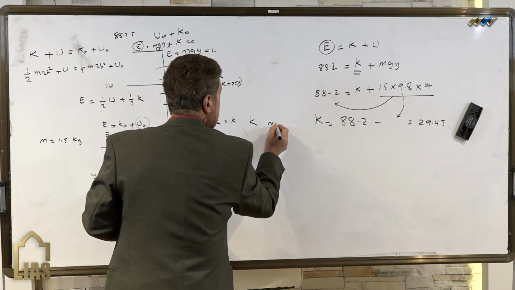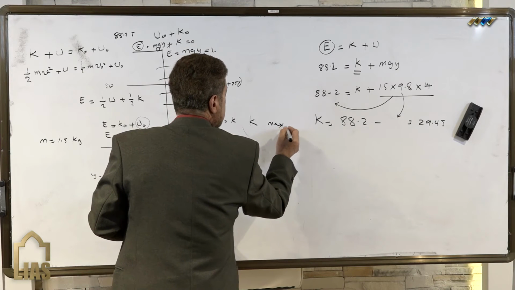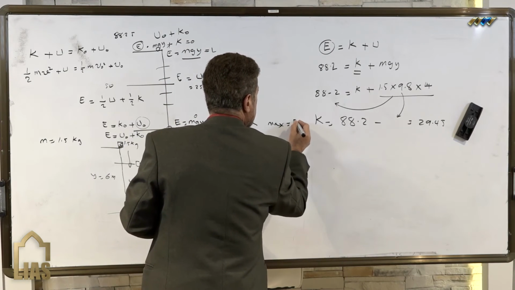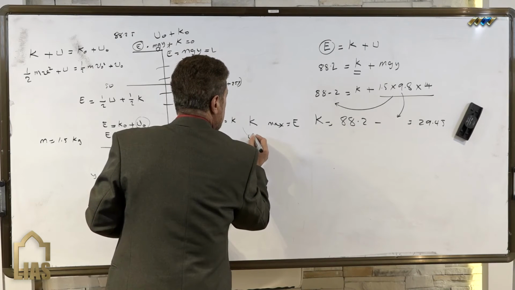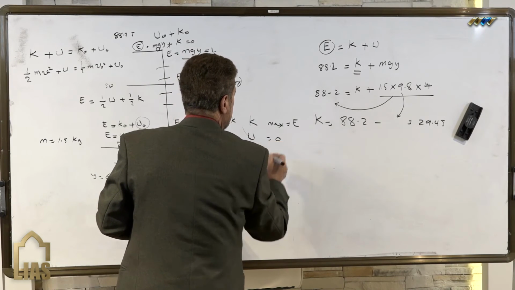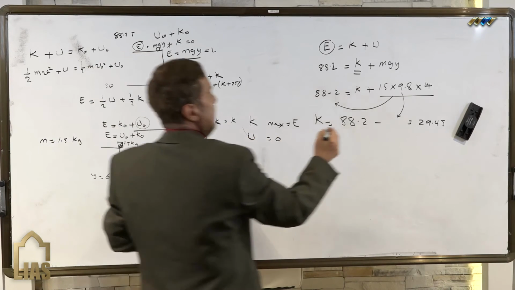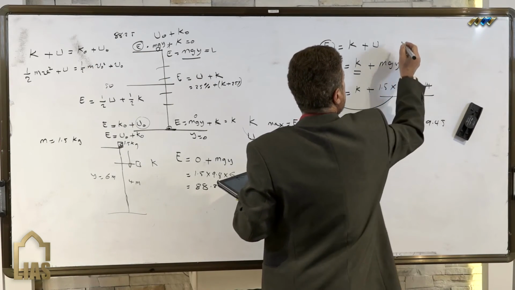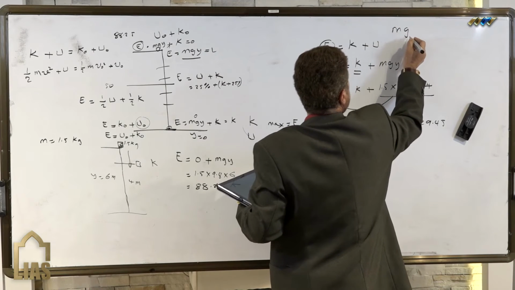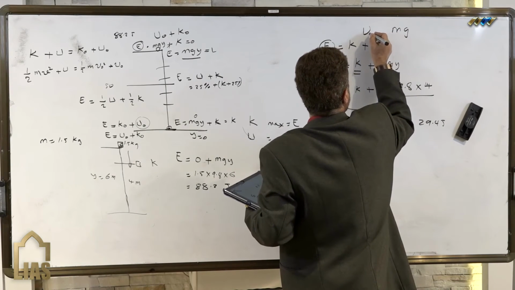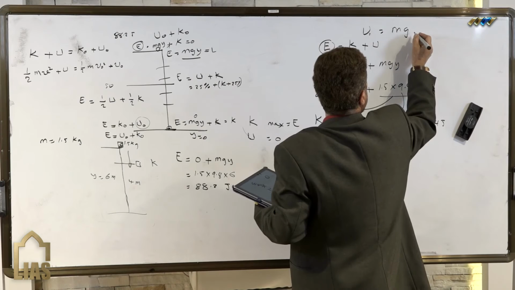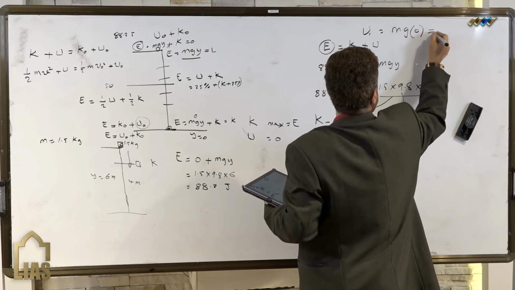This is maximum, which is E is equal to U, in this case, is 0. Because it's here, the Y is 0. Then U is equal to mg times 0, which is 0 here.